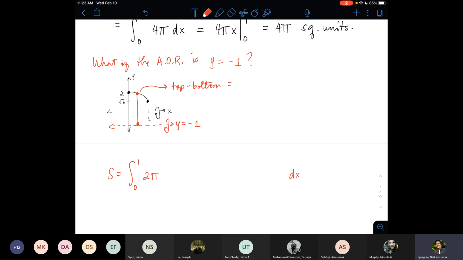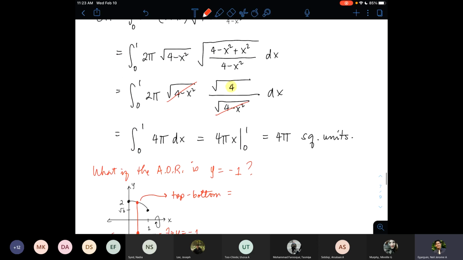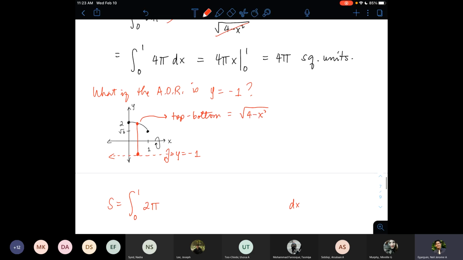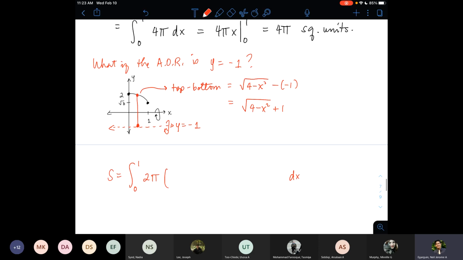The top function is the square root of 4 minus x squared. The bottom line now is not the x-axis or y equals 0, but y equals -1. So the radius now is square root of 4 minus x squared plus 1.